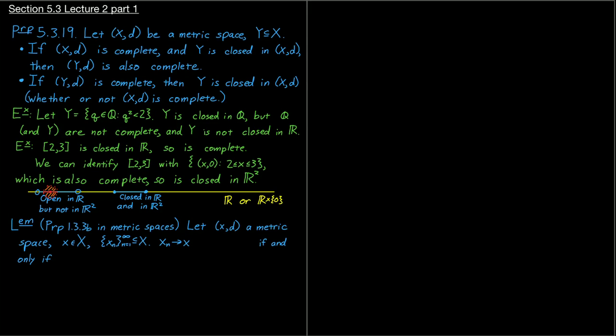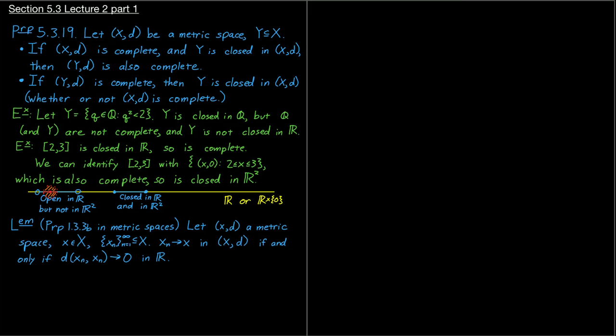But we can take distances, and it turns out that xn converges to x if and only if the distance from xn to x converges to 0 in the real numbers with the usual absolute value metric. Let me emphasize that this is xn converging to x in the metric space (X, d).